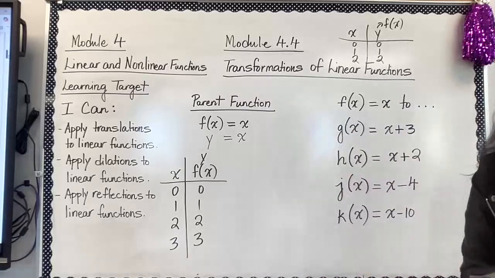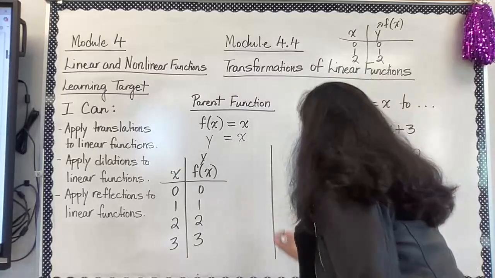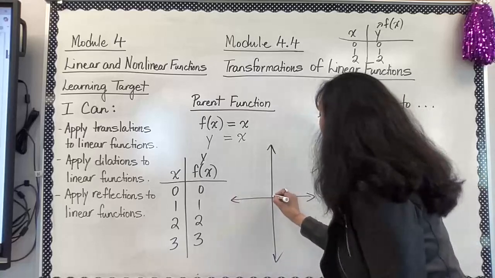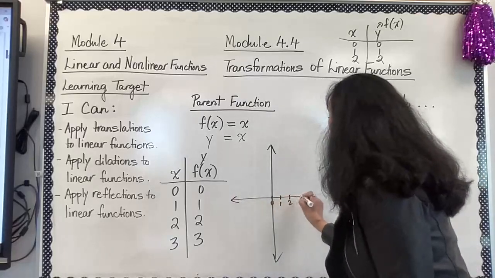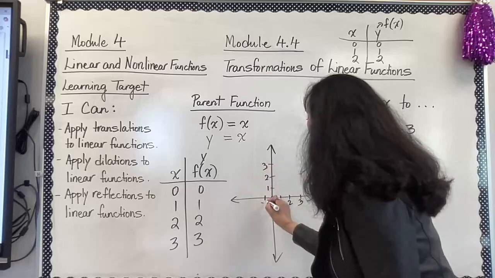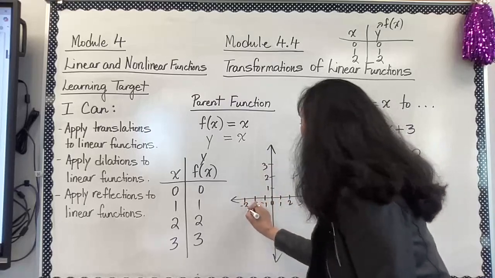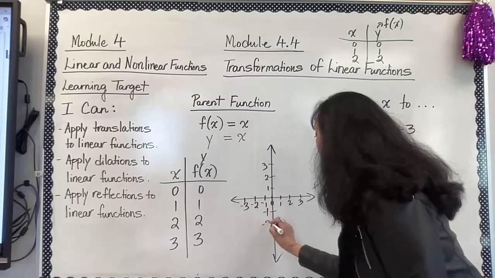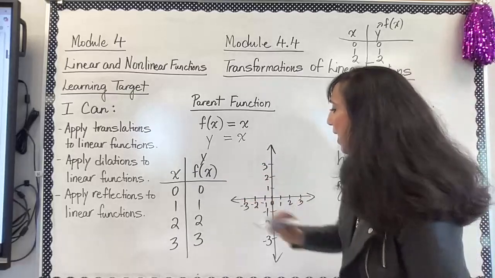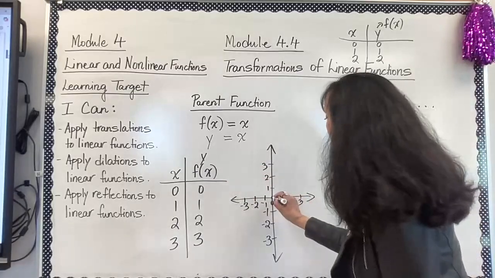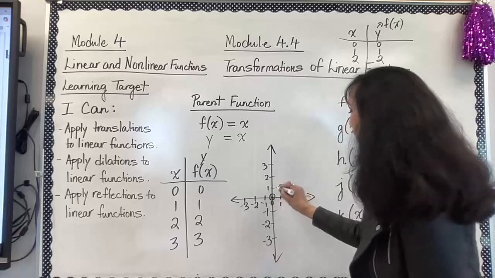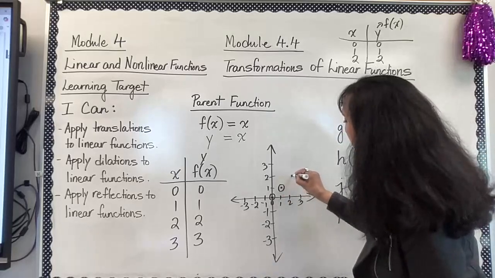So when I actually graph this, I have my coordinate graph. Okay, and here's my origin. 1, 2, 3. 1, 2, 3. -1, -2, -3, -1, -2, -3, etc. So look what it's saying. If x is 0, y is 0. So there's my ordered pair here. If x is 1, y is 1. If x is 2, y is 2.